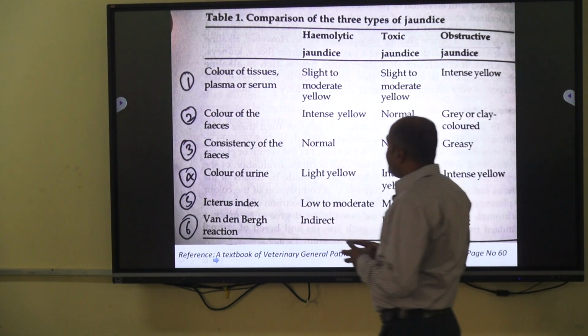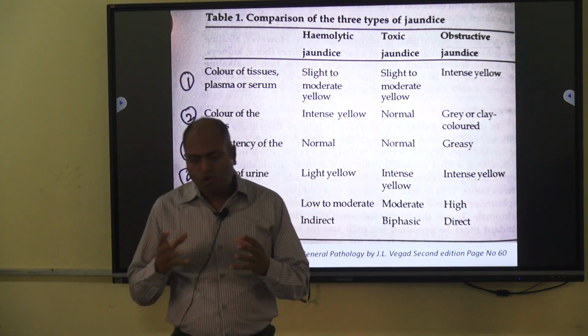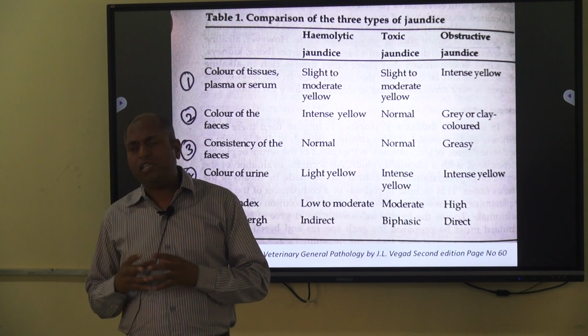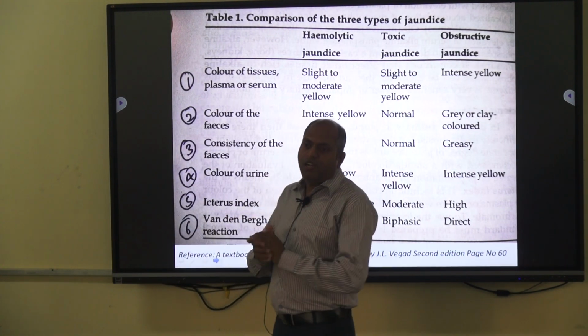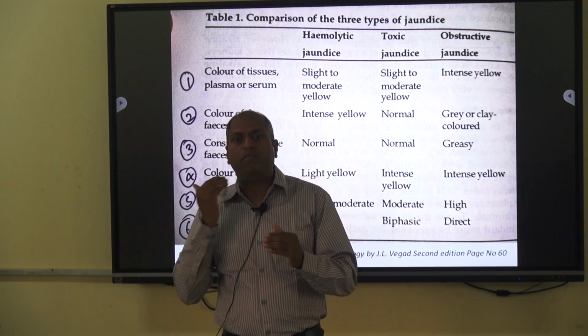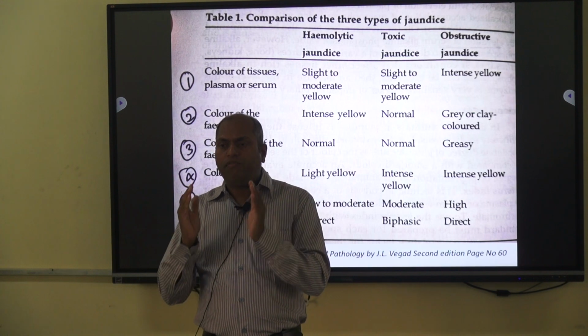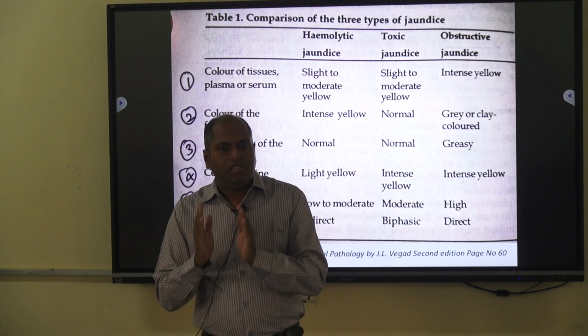Now, what is the color and consistency of feces? Students, you know bile. What is the function of bile? Yes, the function of bile is to emulsify fat so that it can be absorbed from the intestine. So if the bile duct is obstructed and bile flow is obstructed, what will happen?